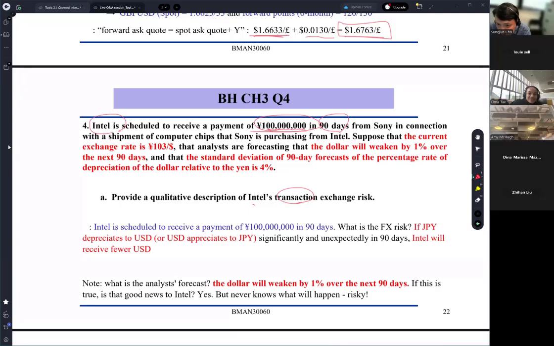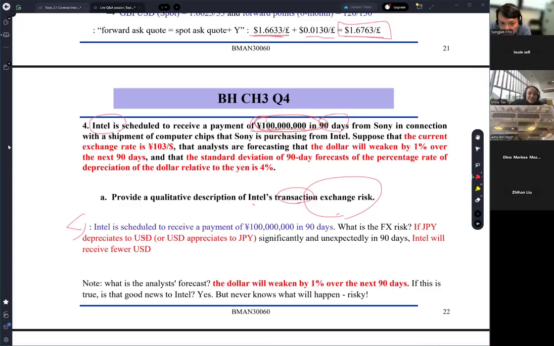If the yen depreciates or the dollar appreciates, that means this yen amount, when you translate it into dollars, will be smaller. When the yen depreciates against the dollar, Intel will get fewer dollars in the future. That is the transaction FX risk. Because of the unknown exchange rate, Intel is worried about getting fewer dollars in the future. That's the answer for this one.